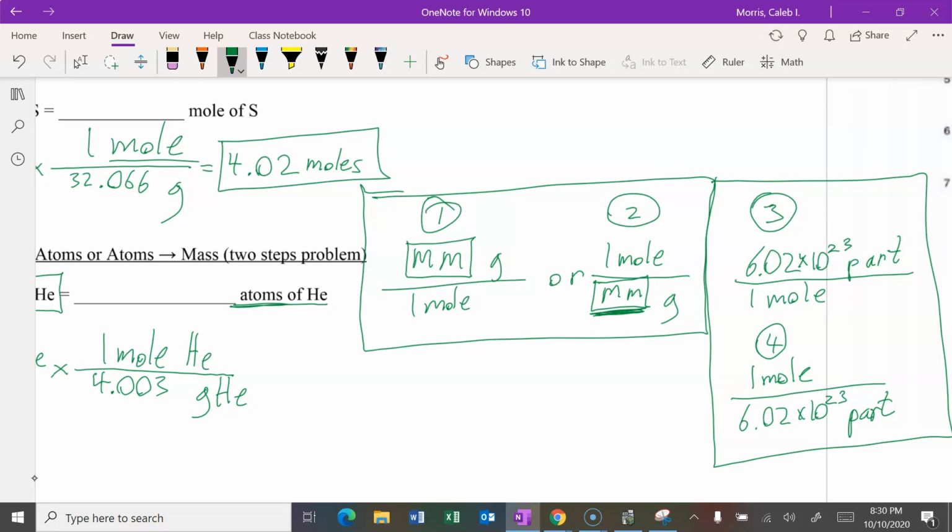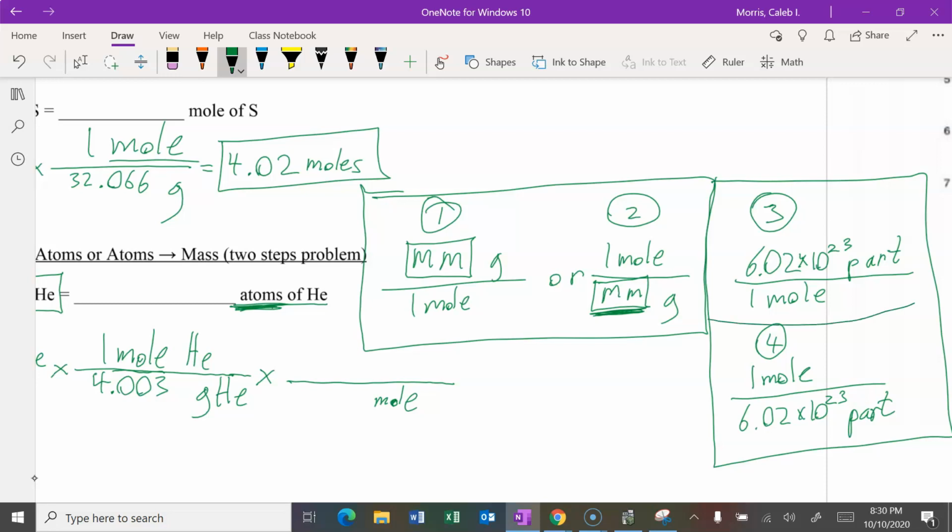And if I'm not done, that means I'm going to put another multiplication sign and we're going to make another fraction. Well, I already used grams. Now I have moles, so I want something that has moles on the bottom. And I would like to convert to atoms. Another word for atom is particle. So I want something that has moles on the bottom and particles on top.